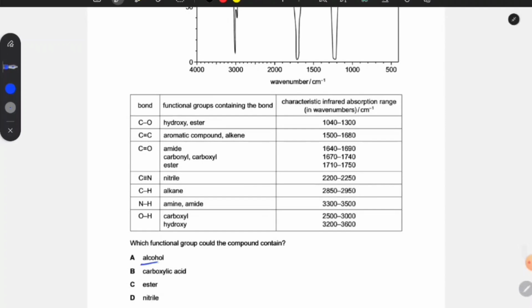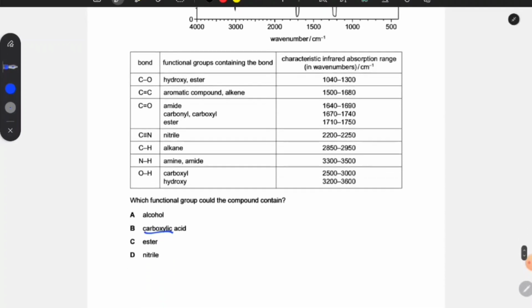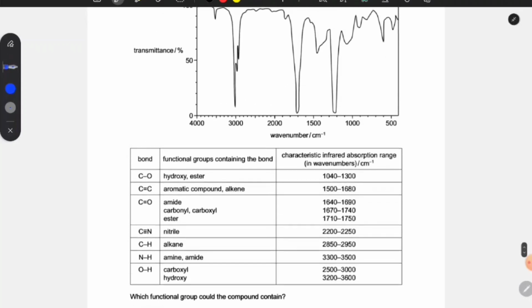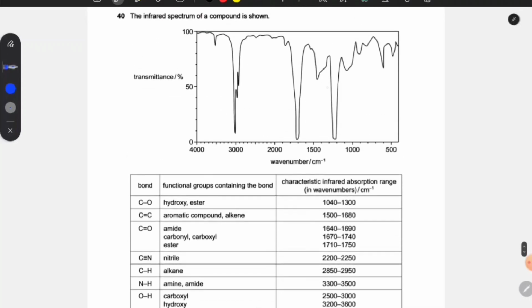So alcohol, option 1, and carboxylic acid, option 2, then ester and nitrile. All right, so one thing is very clear: this is a very common peak in our spectrum. Most of the time they will give you a compound with a carbonyl functional group. So this is the carbonyl peak at around 1700.